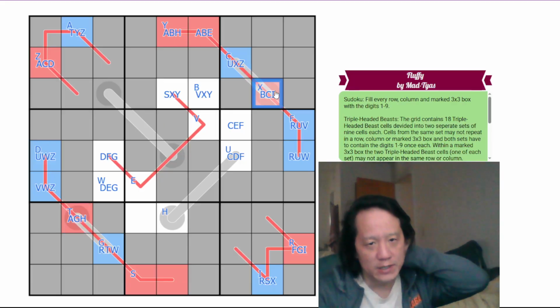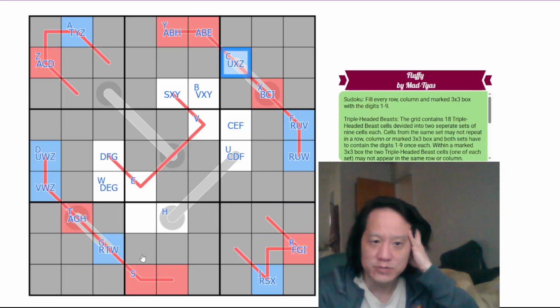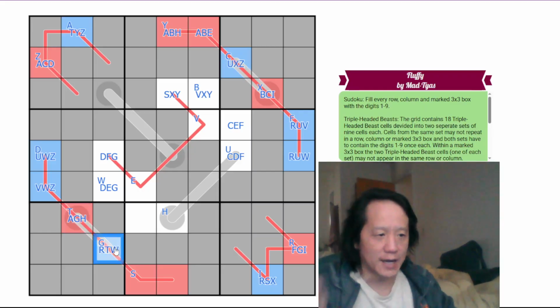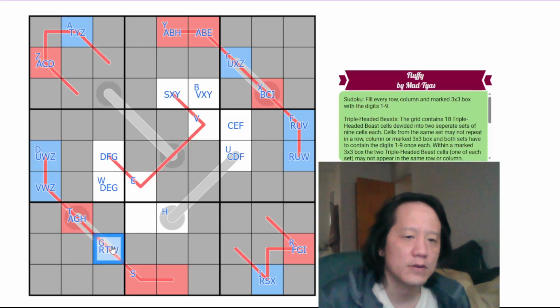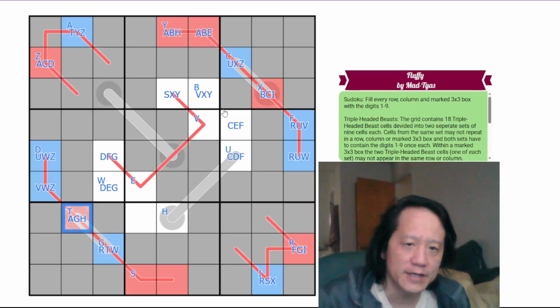That means at minimum, this is 21, and at maximum, these add up to 39, which is exactly 18. Which means we know for A, B, C, G, H, I, you have, or sorry, you have 1, 2, 3, 4, 5, 6.